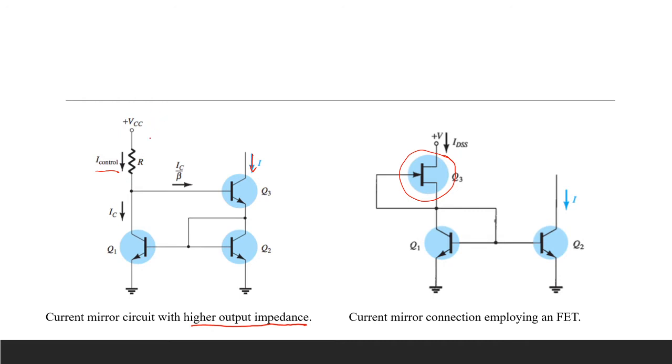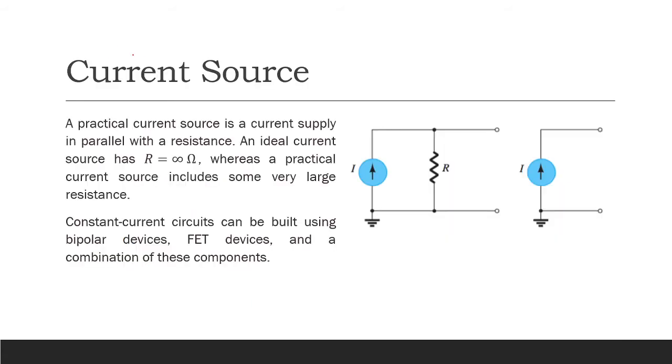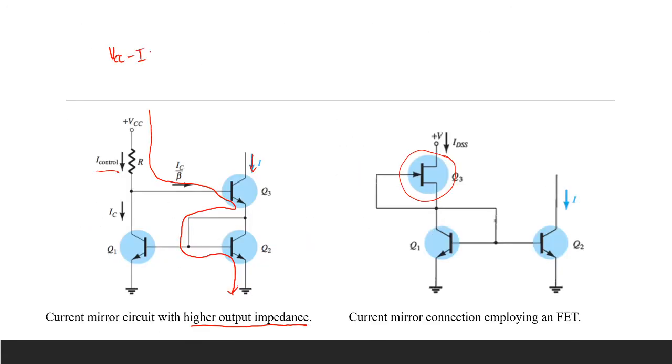Kasi for this one, kung maglo-loop ka from VCC, papunta sa R, papunta sa VBE, then dito tayo, tapos VBE ulit. So kung ganun yung case, yung equation natin dyan will be VCC minus I control R minus VBE minus VBE is equal to 0.